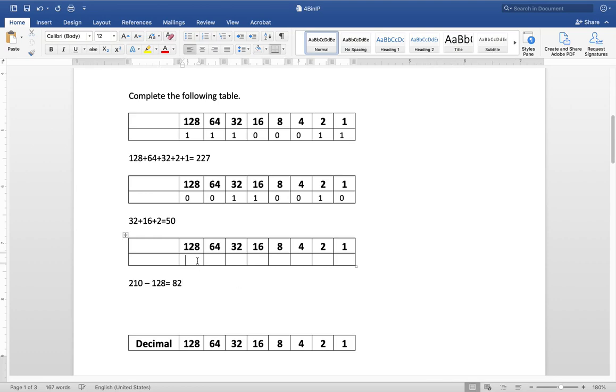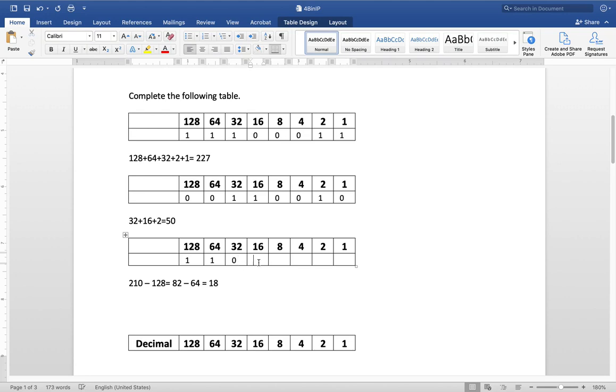All right, so I pick 128, so I'm going to put 1 below it. Next I do need 64, so I pick 64. If I pick 64, I'm left with 18. For 18, I don't need 32, so I put 0 below it.